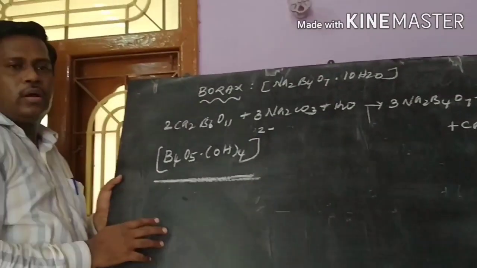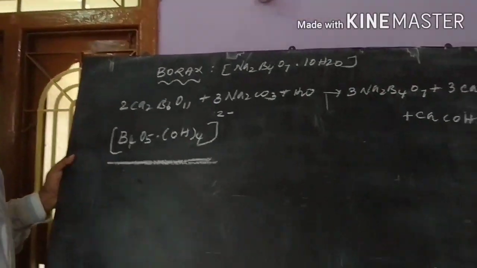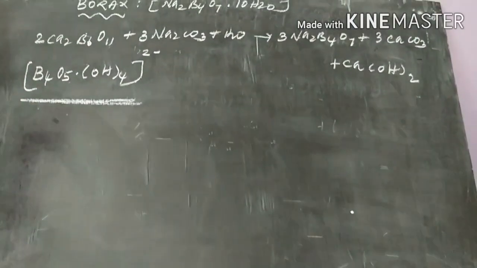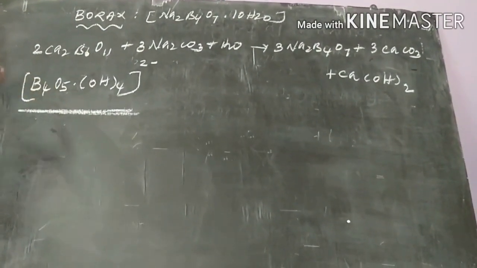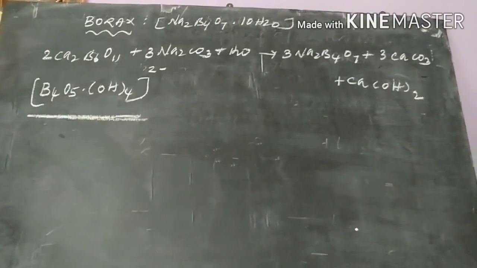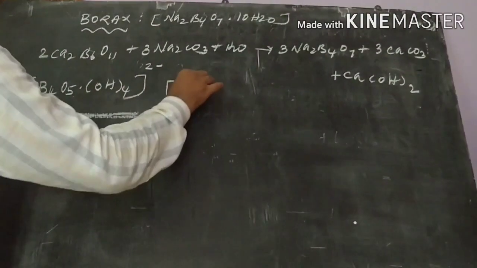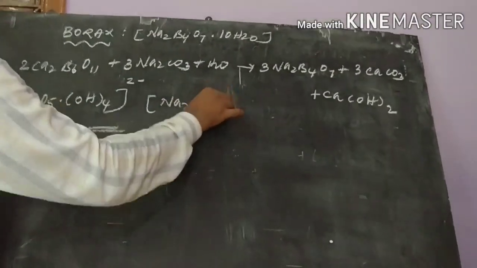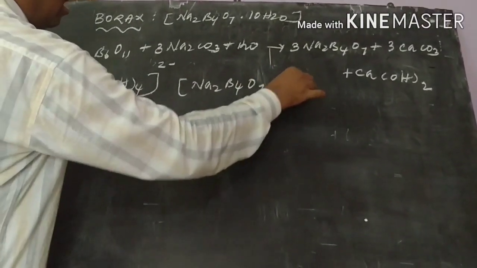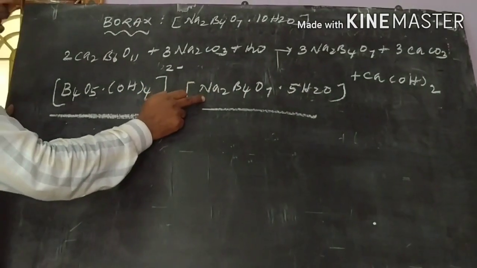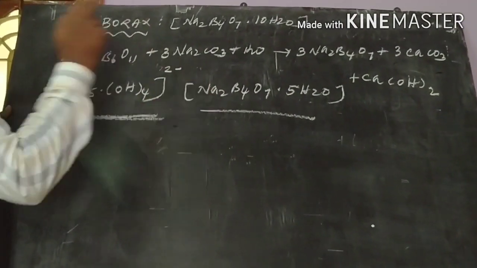Borax also exists in two other forms. One is Zweller or octahedral borax, Na2B4O7.5H2O.